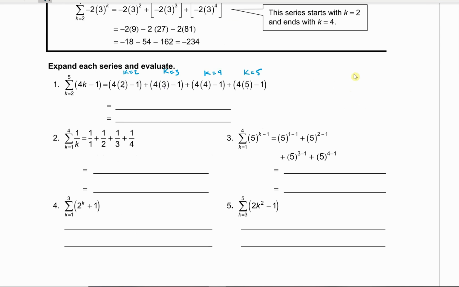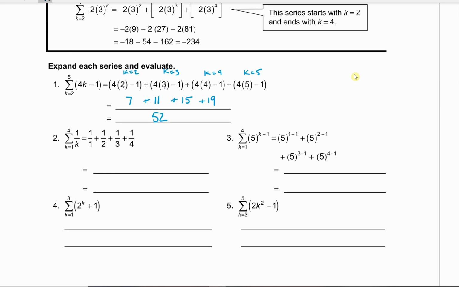So let's work it out. 4 times 2 is 8, 8 minus 1 is 7. 4 times 3 is 12, minus 1 is 11. 4 times 4 minus 1, that's 15. And 4 times 5 minus 1 is 19. So I'm going to add all those up. 7 plus 11 plus 15 plus 19, I get 52.